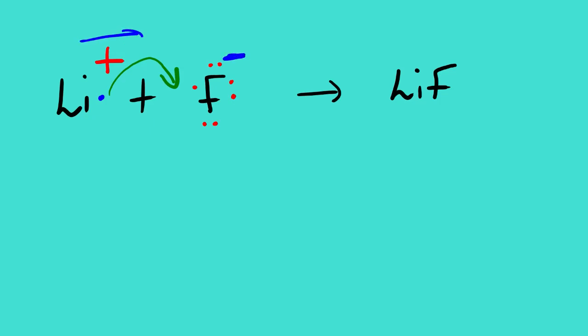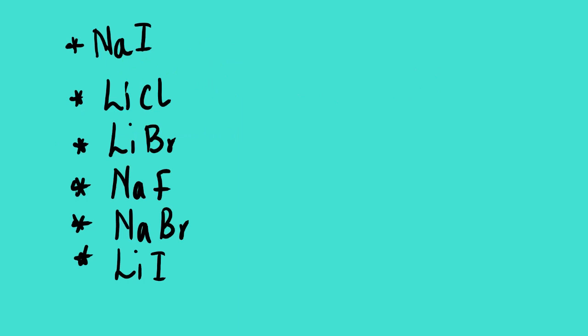And we can see that it will be a force of attraction. Then we can conclude that this is another example of ionic bonding. These are other examples of ionic bonding: sodium iodide, lithium chloride, lithium bromide, sodium fluoride, sodium bromide, and lithium iodide.